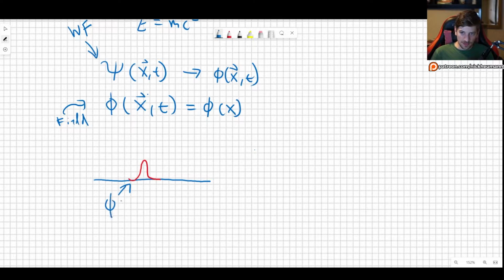This would be our phi of x, which would permeate the entirety of space. In this case, it is a one-dimensional situation because that's all I can draw. I'm sorry. You can make this two-dimensional if you want. And then here in red, we would have a particle. So as it turns out, particles would be just excitations of this field that permeates the entirety of space-time.